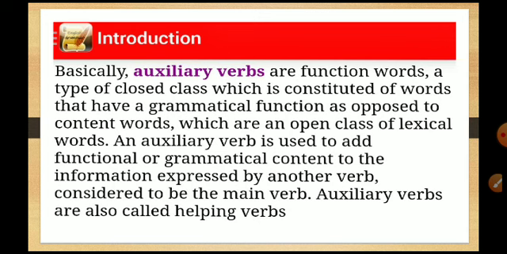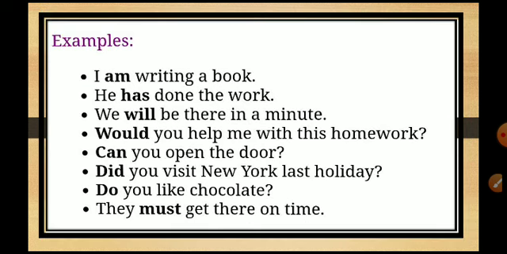For example, we see here: I am writing a book. Here the word am, which is bold, is an auxiliary verb. He has done the work. We will be there in a minute. Would you help me with this homework? Can you open the door?